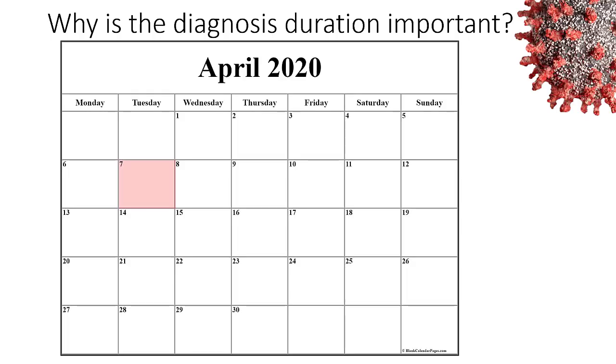And this diagnosis duration is important. So let's take, for example, someone who is sick on the 16th of April. Did the person catch the virus before or during circuit breaker? If the diagnosis period is actually 5 days, which you saw earlier on, he would have been hospitalized on the 11th.